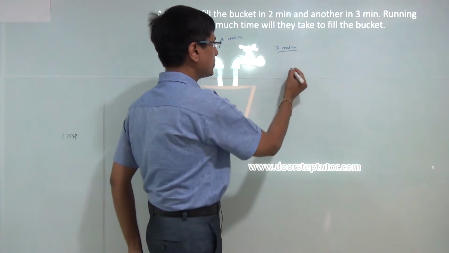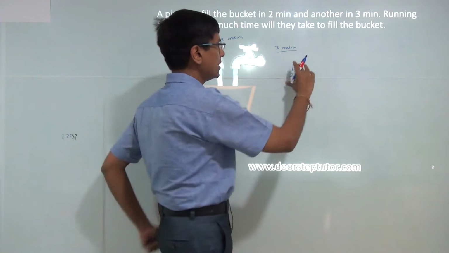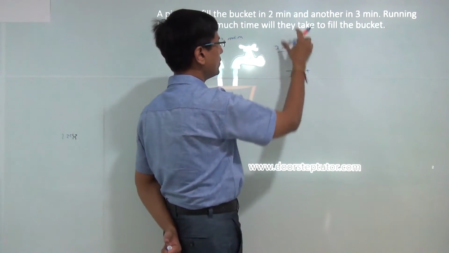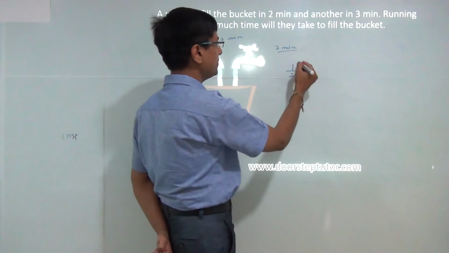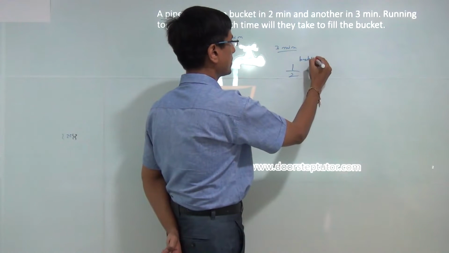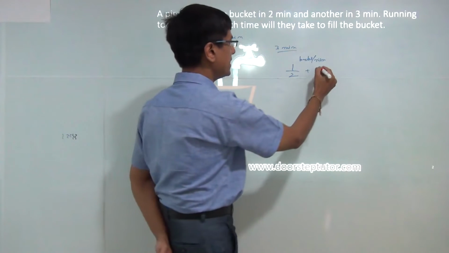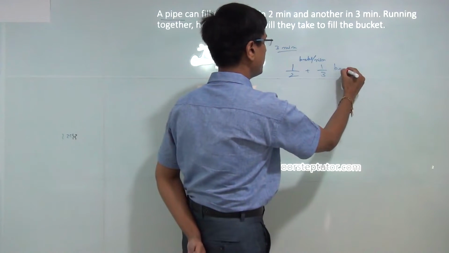To approach this problem traditionally, what you would be told is to find the rate at which the first pipe is filling the bucket. It is filling at the rate of half a bucket per minute, and the second pipe is filling at the rate of 1/3 bucket per minute.